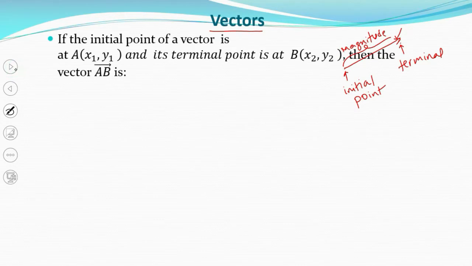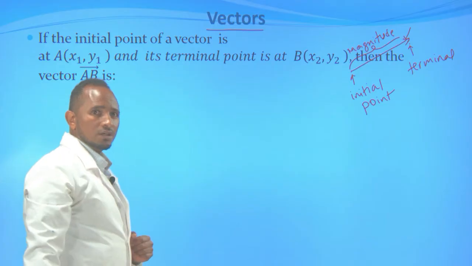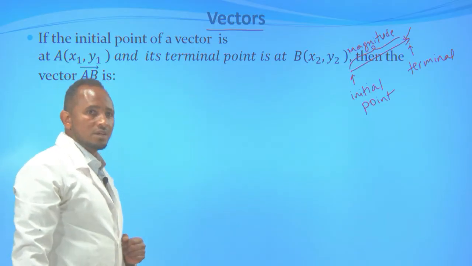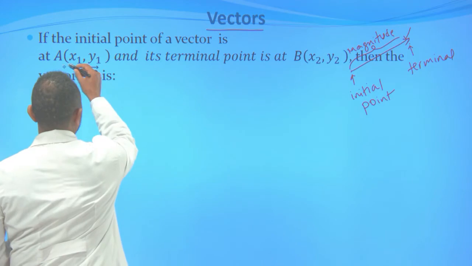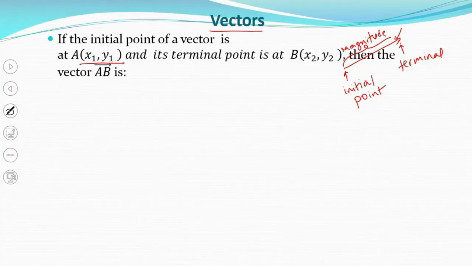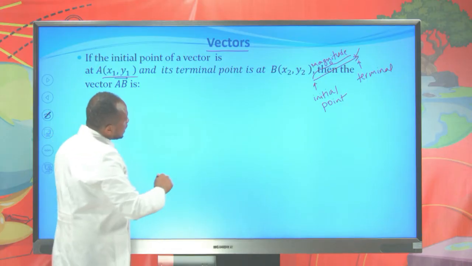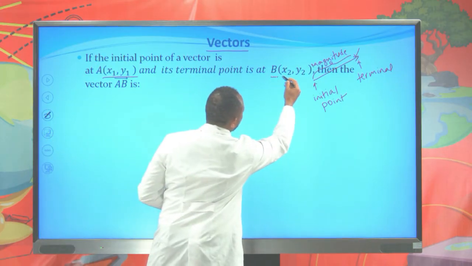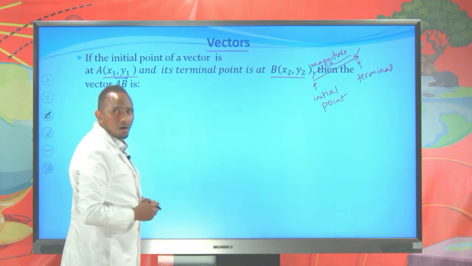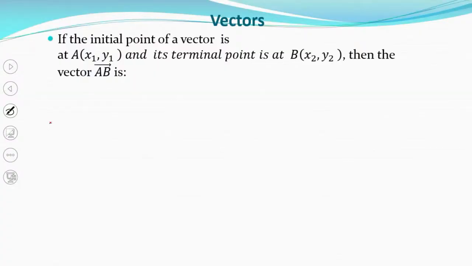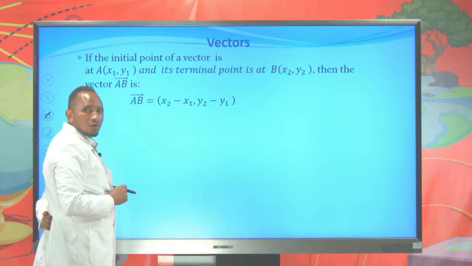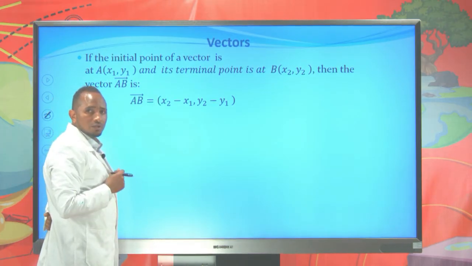Now, if the initial point of a vector is at A, where A has coordinates x1, y1, and its terminal point is at B, x2, y2, then the vector AB is given by simply taking the difference of the coordinates of the terminal point and initial point.